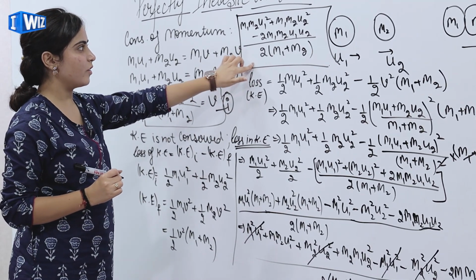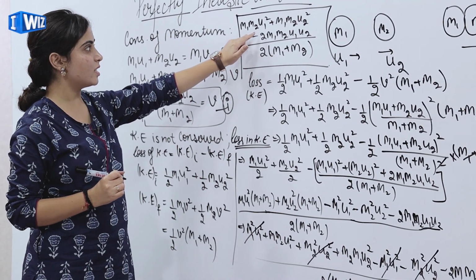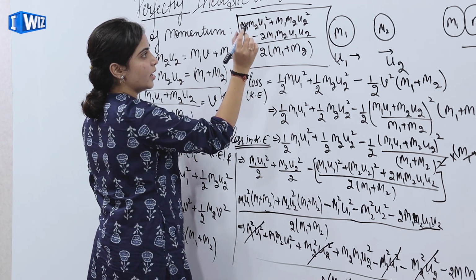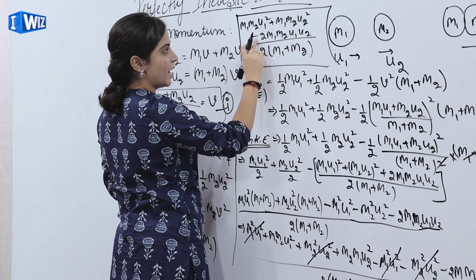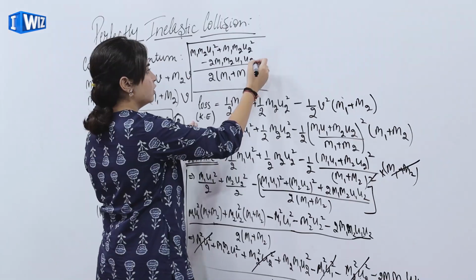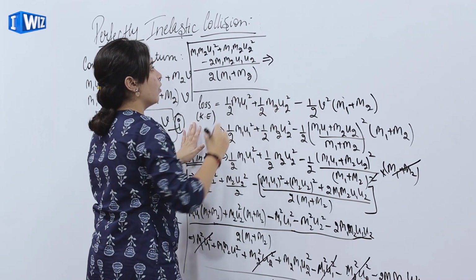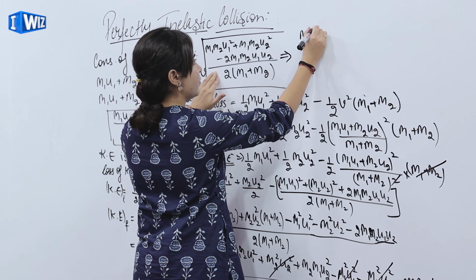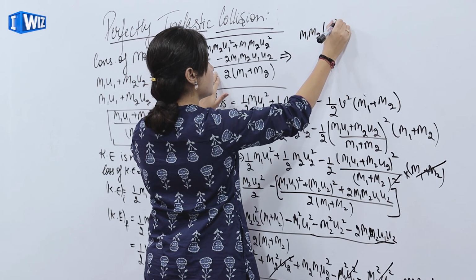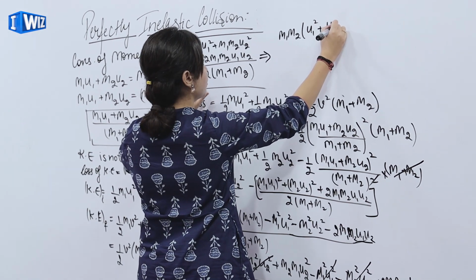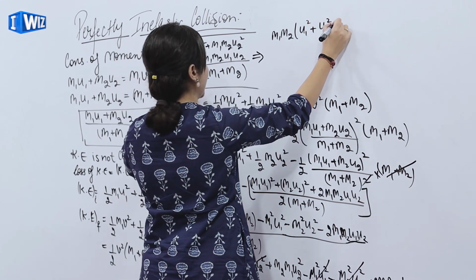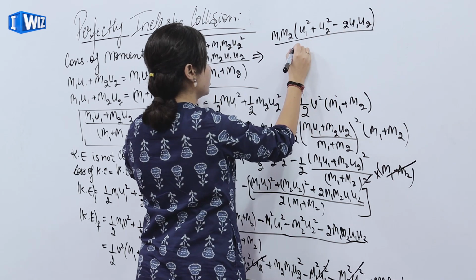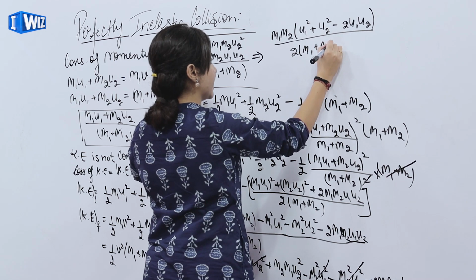Now we will solve this further. This is taking the form of an identity. If I consider u1 as a and u2 as b, it is a square plus b square minus 2ab. Taking m1 m2 common, we get m1 m2 (u1 square plus u2 square minus 2 u1 u2) upon 2 (m1 plus m2).